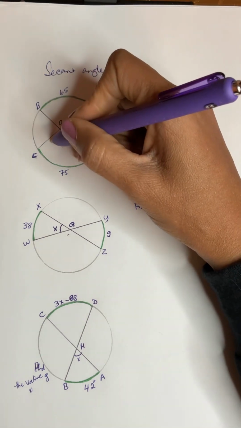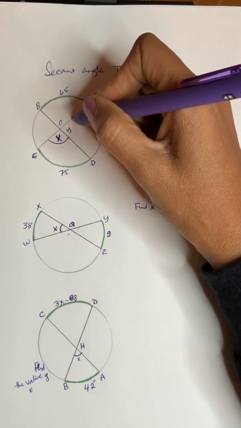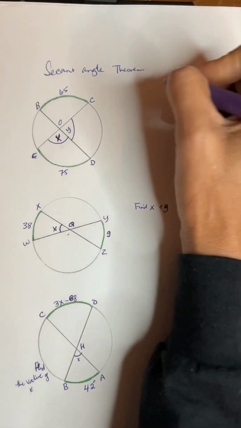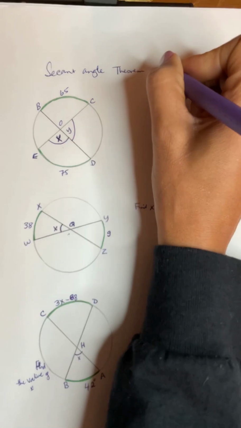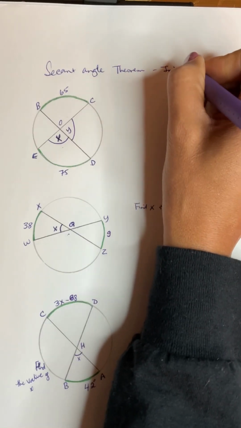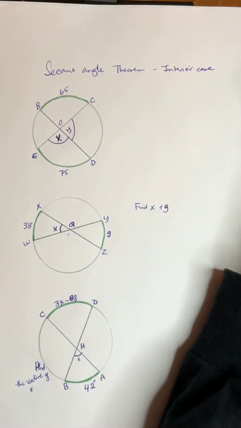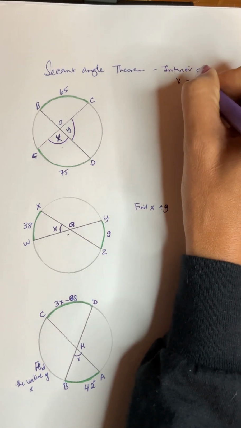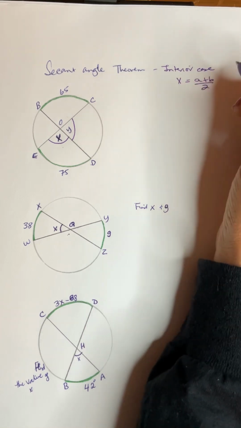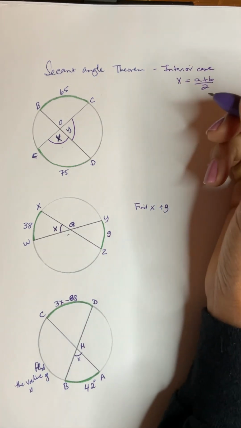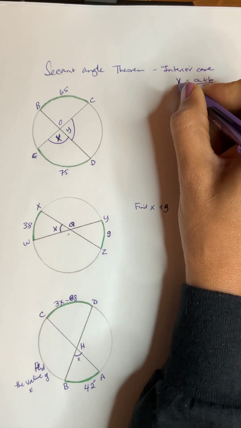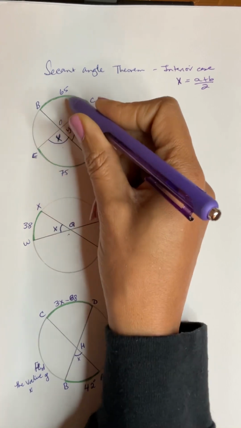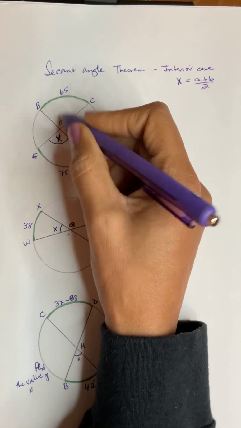So we need to find the value of x, and we also need to find the value of y in this scenario. The first thing I'm going to do, there is a formula, the secant angle theorem, the interior case, and the formula that we use for that is x equals (a plus b) over 2. In this case, x is our vertical angle from the opposite ends of the arcs.